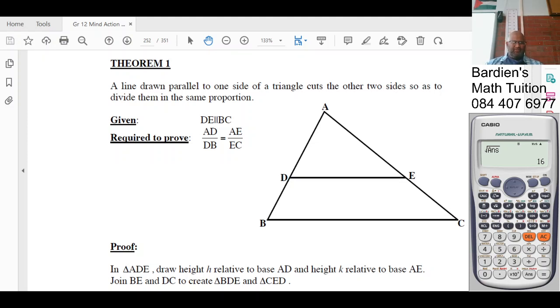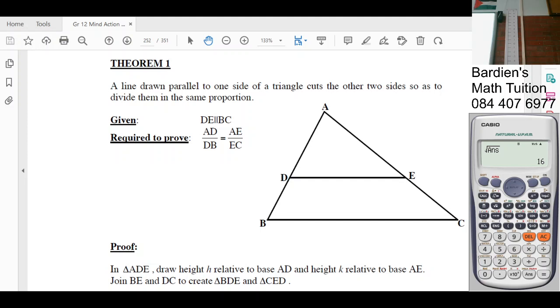So where do we start? In all Euclidean geometry proofs, there's a construction that takes place. You'll always note there's a construction that takes place. We are told that a line parallel to one side of the triangle cuts the other two sides so as to divide them in the same proportion.